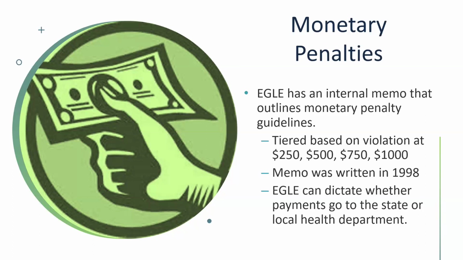And we can dictate whether payments go to the state or to the local health department. I have yet to encounter a situation where we dictated that the money would go to the state. In my experience so far, we've always dictated that the money goes to the local health departments. We are looking at updating this memo to bring the fines more in keeping with current monetary levels.